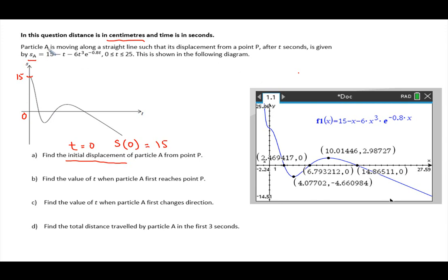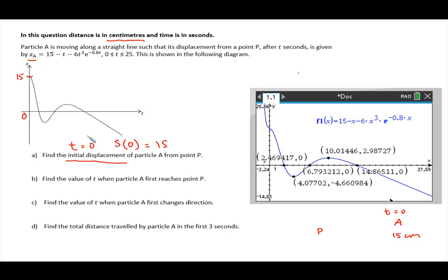This means that particle A is 15 centimeters to the right of point P. The whole idea of displacement is, let's say here's point P. When the time is 0, particle A is 15 centimeters to the right. How do I know it's to the right of point P? Because it's positive. If it was negative, it would be to the left of point P.